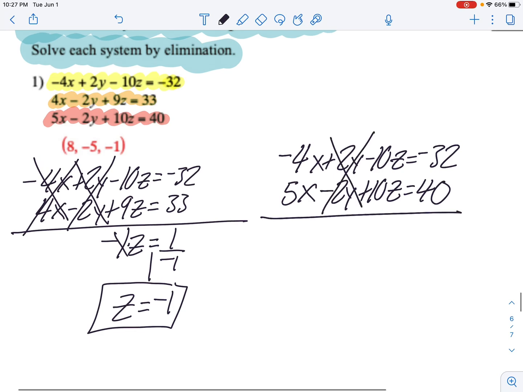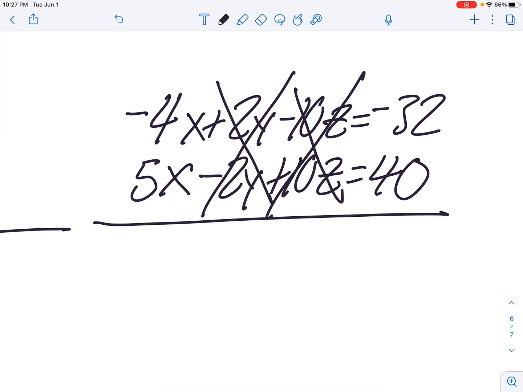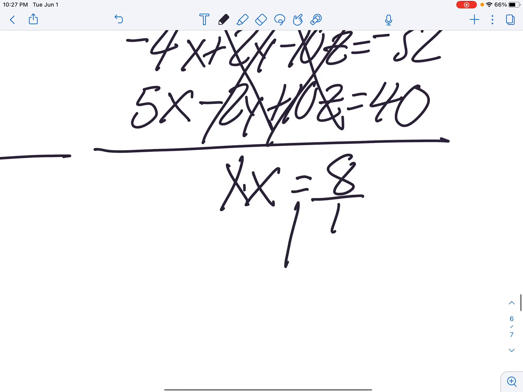Look at that. My y's cancel, but my z's cancel also. So negative 4x and positive 5x is 1x. Negative 32 and 40 is positive 8. The opposite of multiplying by 1 is dividing by 1. So I get x is equal to 8.